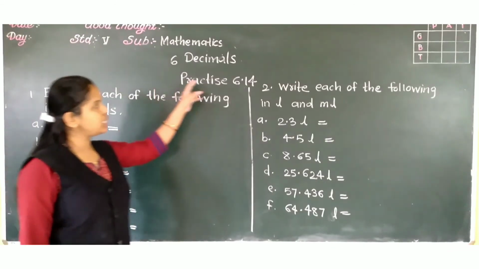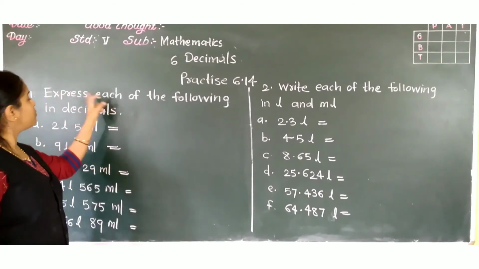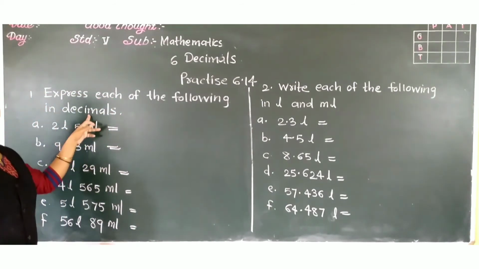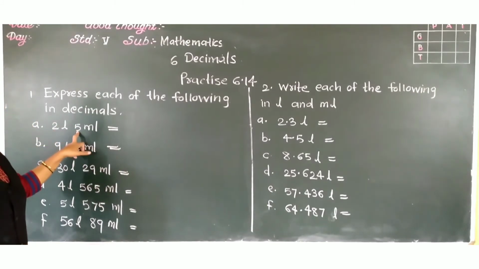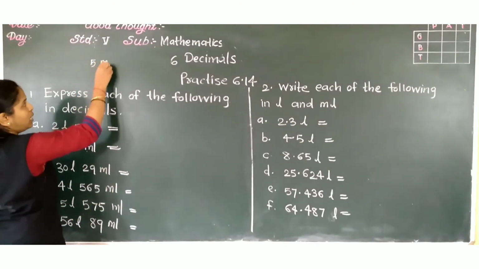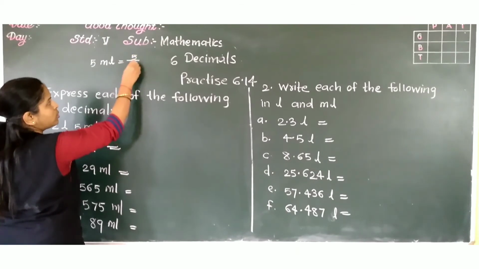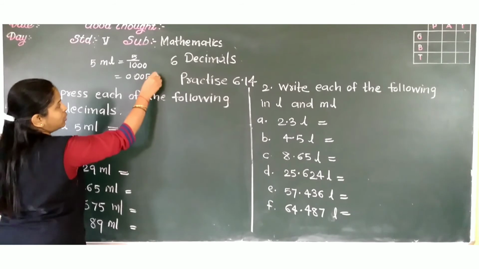We'll solve practice 6.14. That is, express each of the following as decimals. Okay. Now see, 2 liter 5 milliliter, only 5 milliliter is there. So how to show? 5 ml means how many liter? 5 upon 1000, that is 0.005 liter.